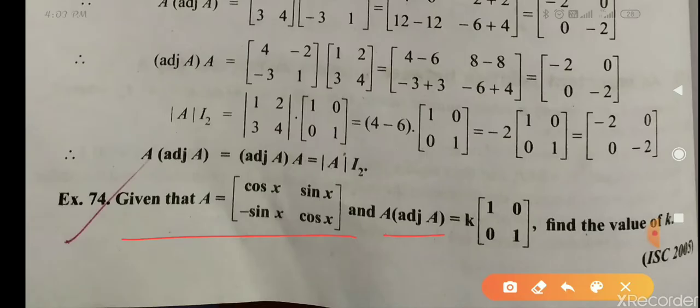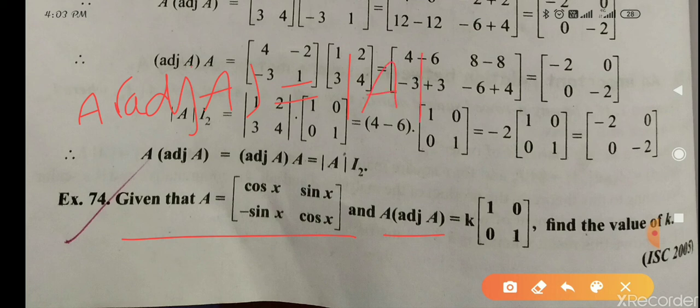First of all, determinant A into adjoint A equals determinant A I2, because it is a matrix of order 2. Here it is given A into adjoint A equals K I2.